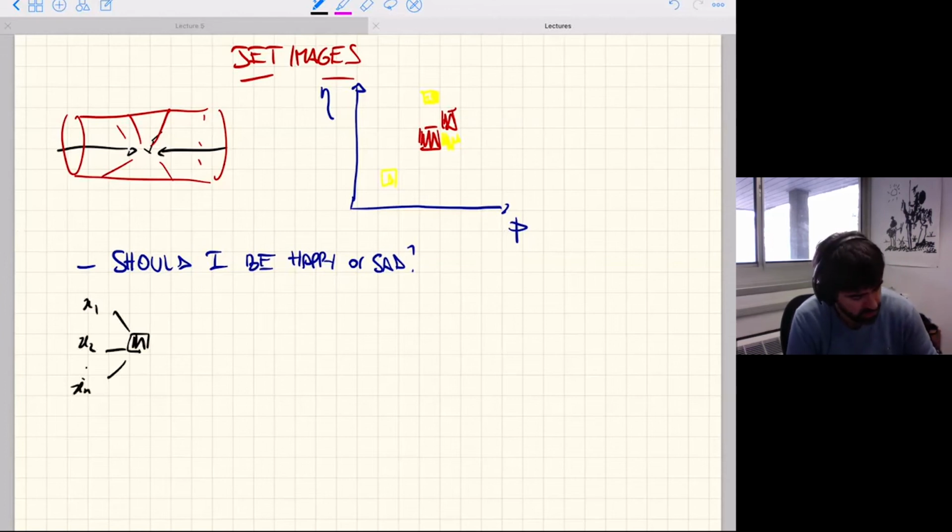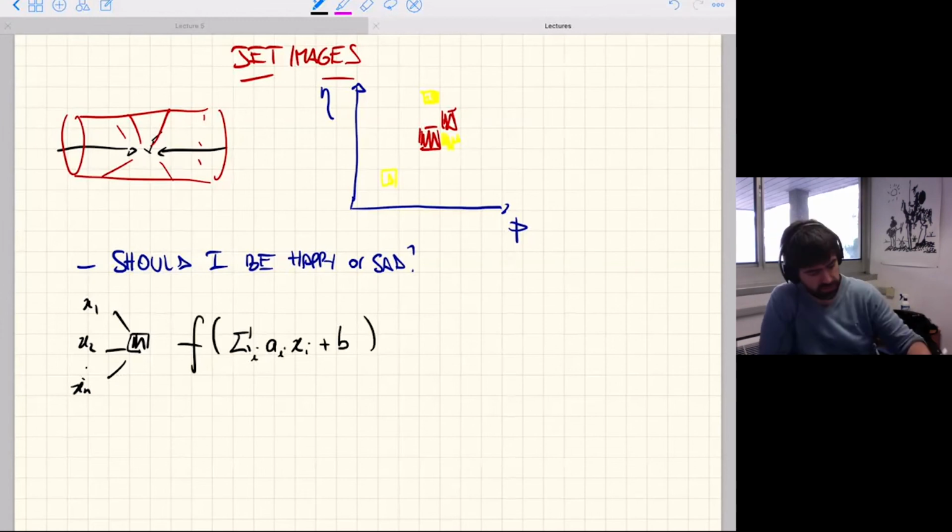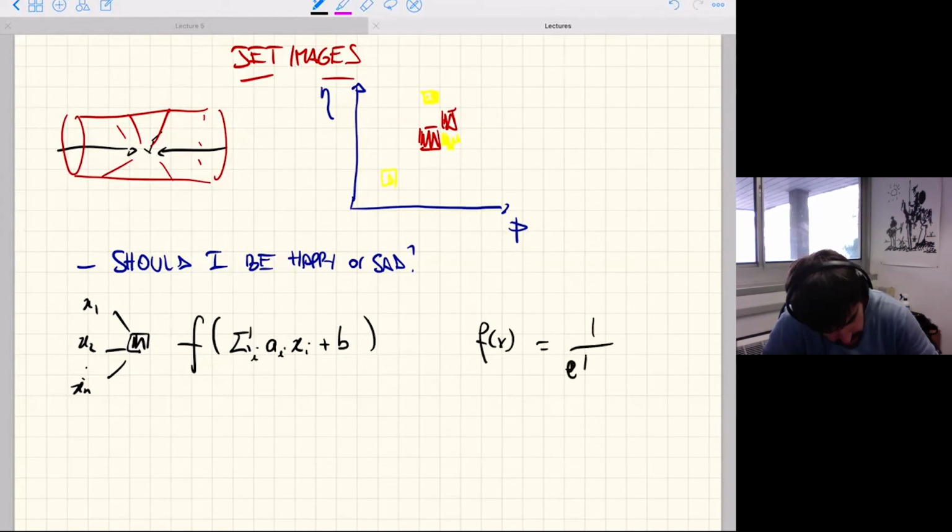Typically, what it does is that it performs a linear combination of the inputs with some bias. And then also a nonlinear part. So sometimes, for instance, f could be the sigmoid function, 1 plus.